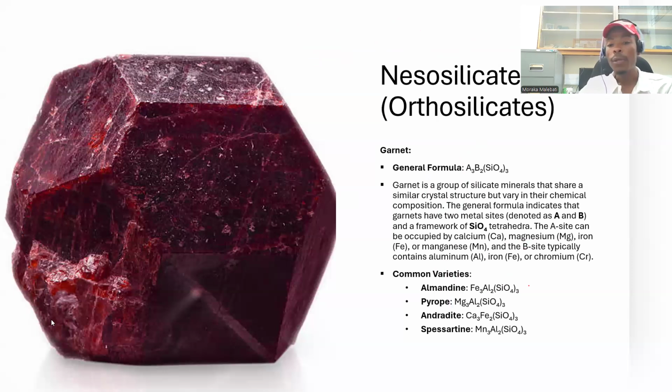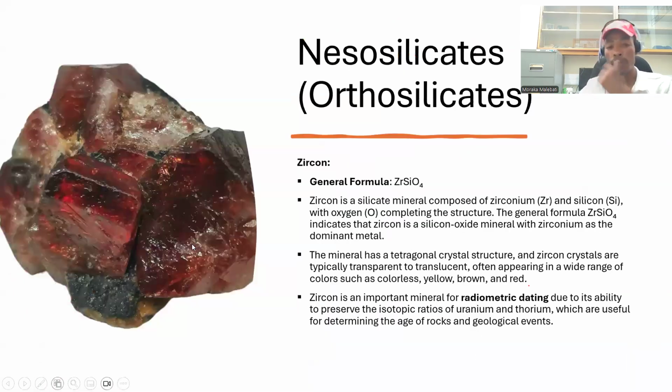And we know the garnet is found mostly in metamorphic rocks. Then we can also have the zircon, which many researchers use. This is the general formula for the zircon.